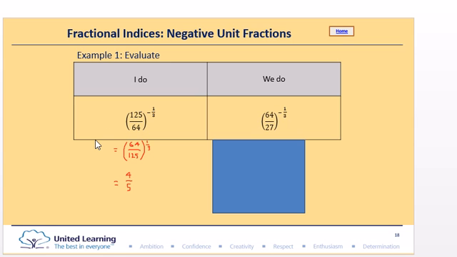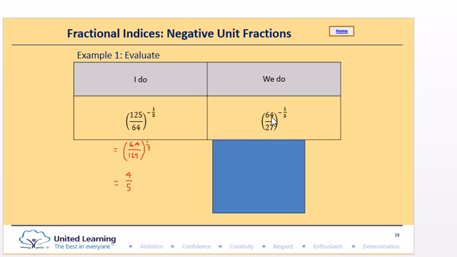So 125 over 64 to the power of negative 3, we can make simpler by simply flipping the fraction: 64 over 125 to the power of positive 1 over 3. Then we remember that the power of 1 over 3 means the cube root. So we find the cube root of 64, which is 4, and find the cube root of 125, which is 5.